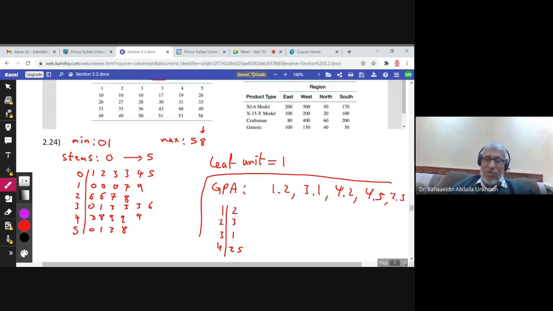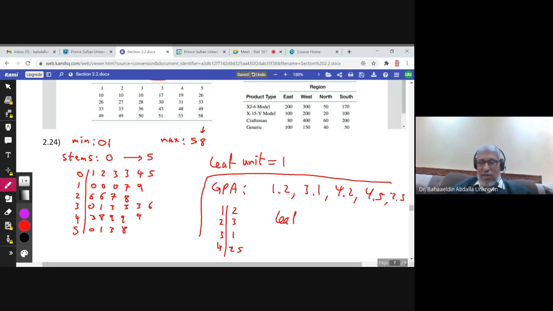Okay, this would be the stem and leaf. But do you see a difference between this one and this one? No, this is similar. So I can read this as 12. I don't know whether this really represents 12 or 1.2. Who can help me with this?